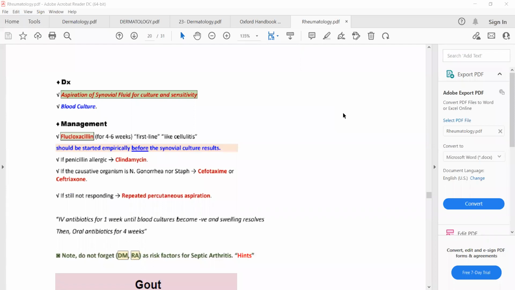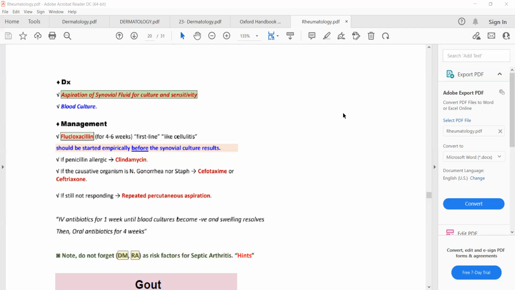And if the patient is not responding to these antibiotics, there's still swelling and fever and pain in the joint, then because inflammatory fluid is accumulated in the joint space, we'll do repeated percutaneous aspiration, like we do for abscesses, that is drainage and antibiotics.